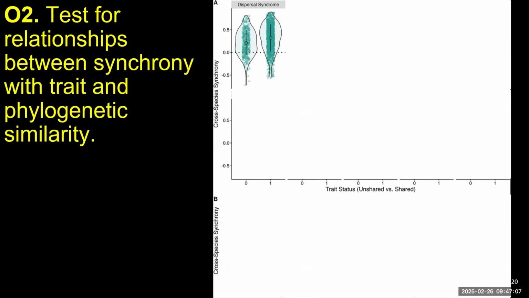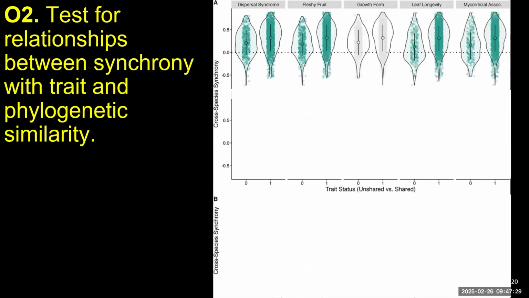The next slide has one that's zoomed in, and I'll go into more detail. The y-axis is the cross-species synchrony. In this case, because this is colored green, species that have the same trait, regardless of what that trait is, are more synchronous than a pair of species where they have different traits.